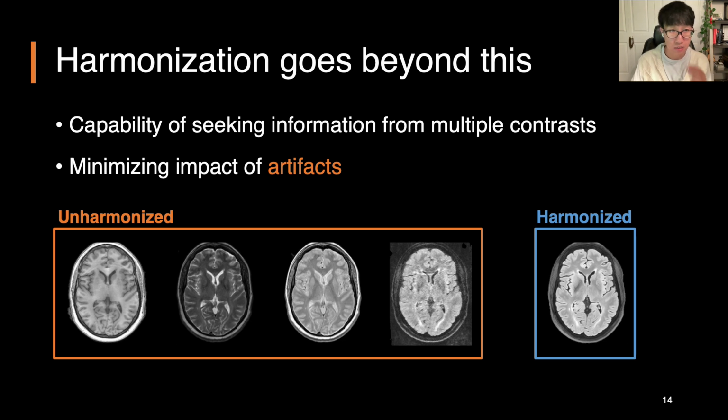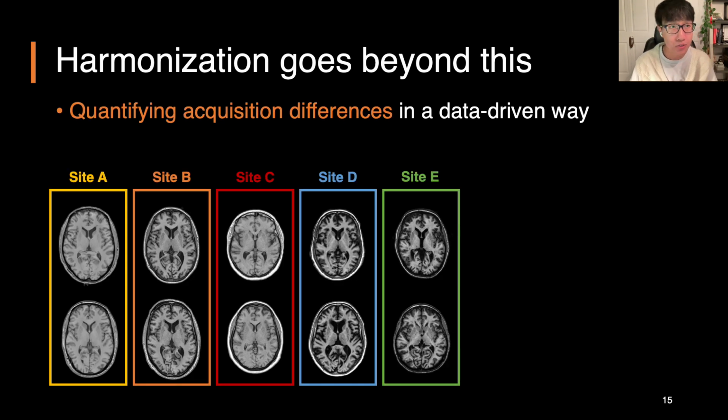In this example, the FLAIR image shows really poor image quality. But after harmonization, because our method seeks information from multiple contrasts, we can have an even better image quality in this harmonized FLAIR image.